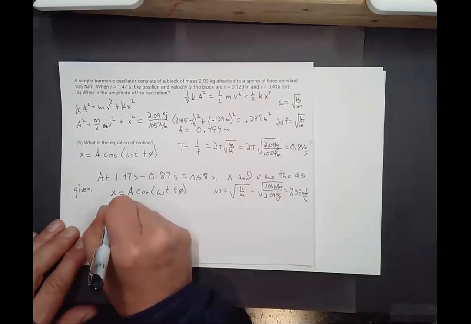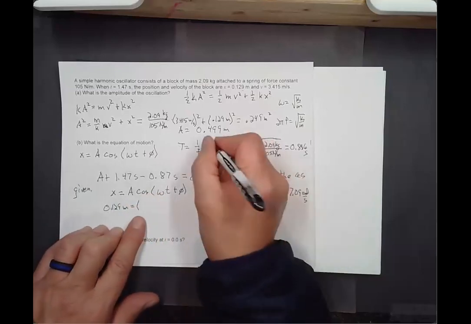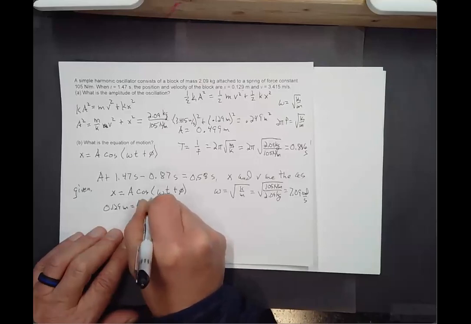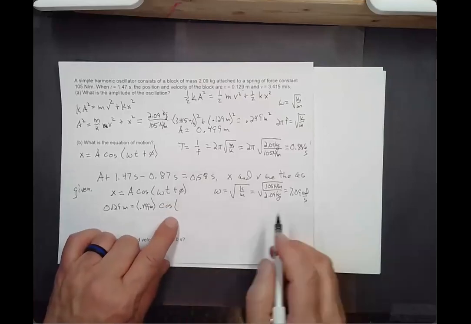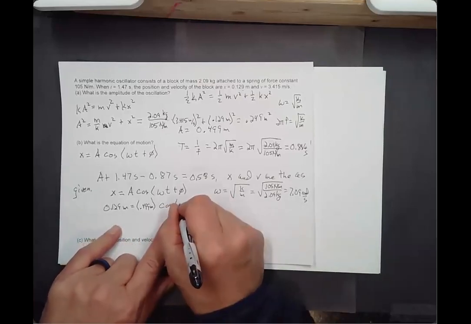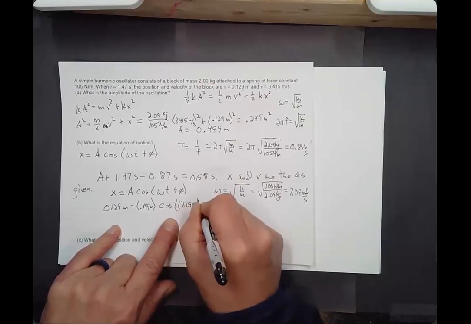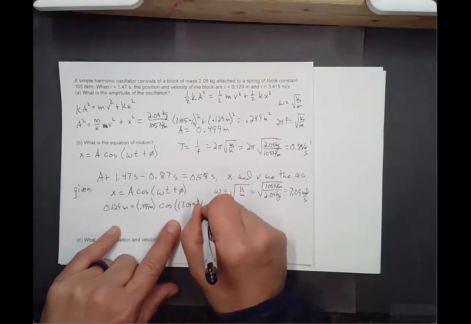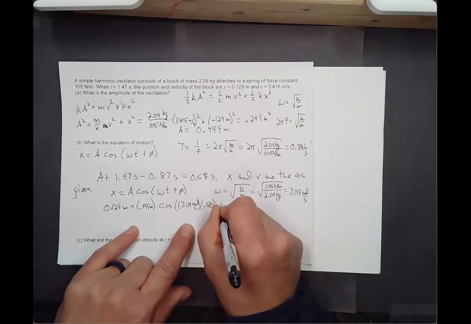So 0.129 meters is going to equal the A, 0.499 meters, times the cosine of omega, which is 7.09 radians per second, times the 0.58 seconds plus phi.